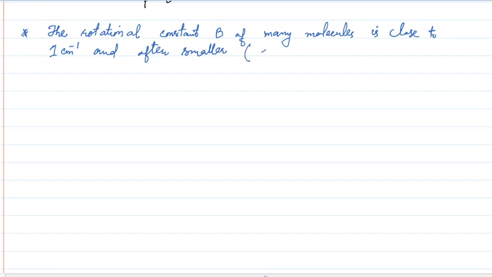But there is an exception of hydrogen molecule for which this rotational constant is basically equal to 60.9 per centimeter.